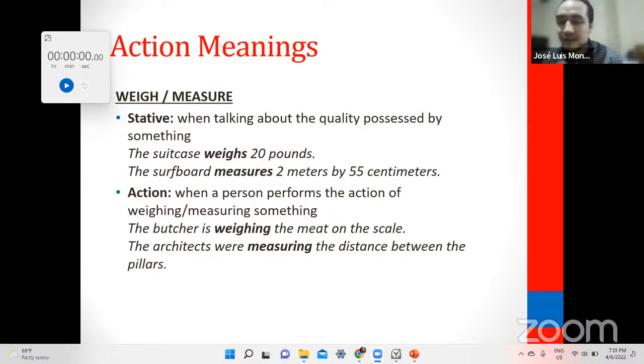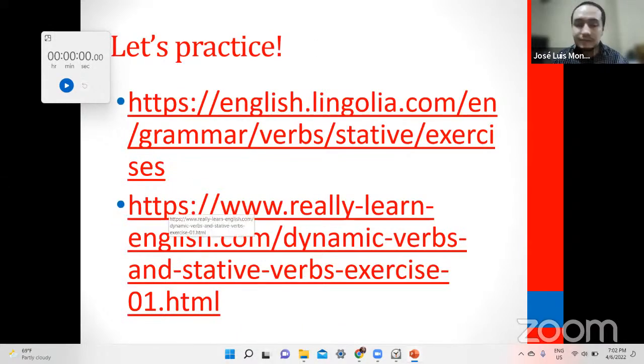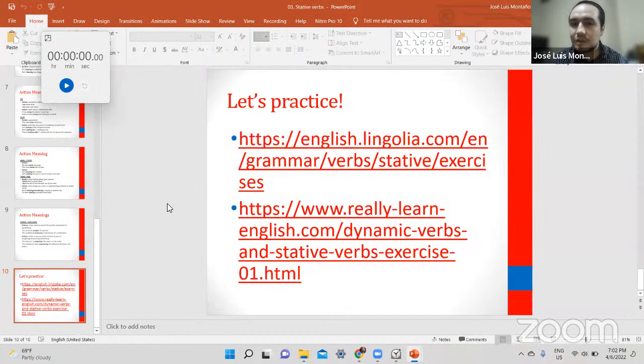And again, that's it, because all the difference that you're going to see between action verb and non-action verb are going to be related to that idea, okay? Something that can be considered an action that you can see or that you know is happening here, or something that just is a state that describes something, that describes your opinion or a quality of something. All right. If you have some doubt, again, you can let me know.